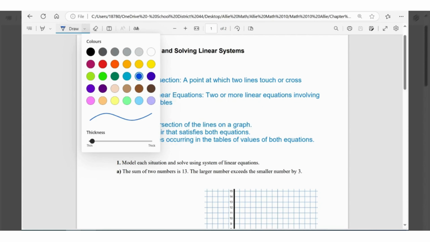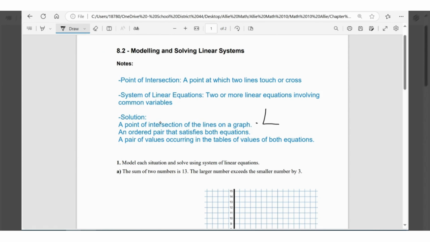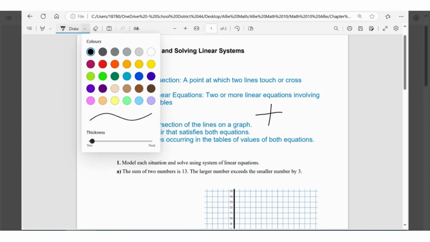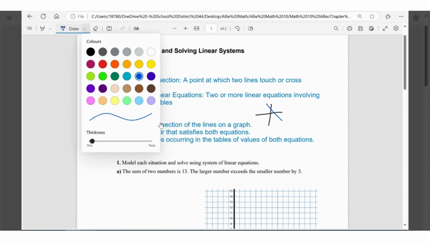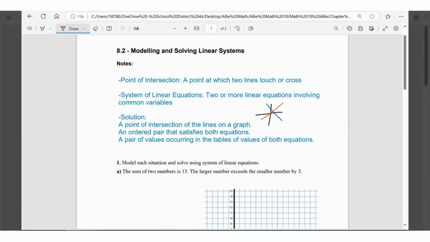So if we're graphing it, here's our graph, and here are our two lines. The point of intersection would be a solution to this system right there.